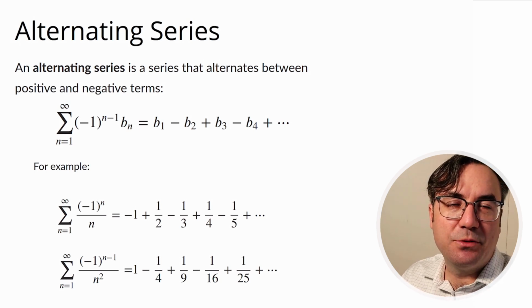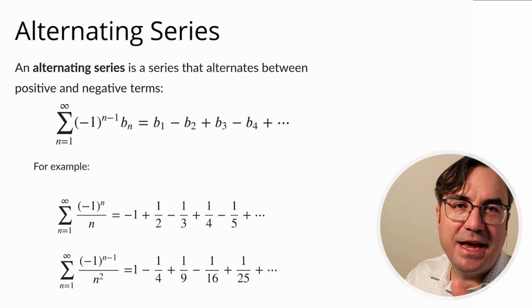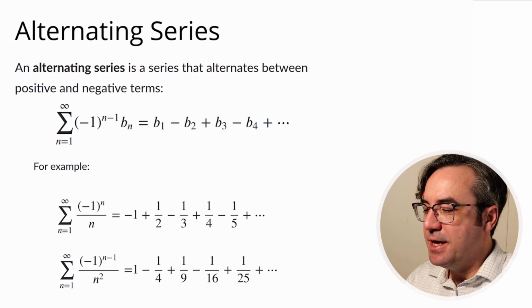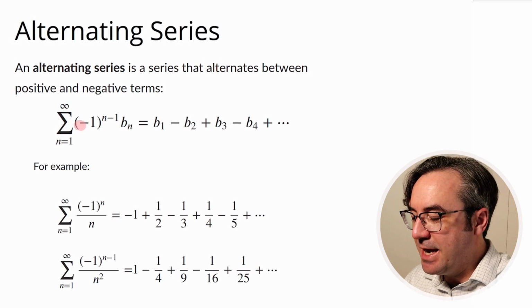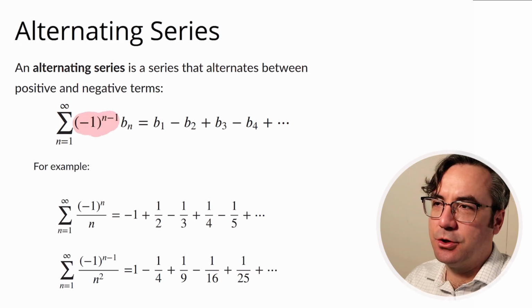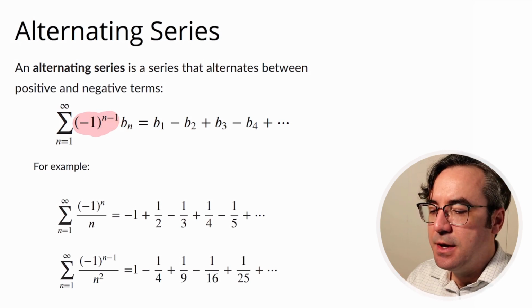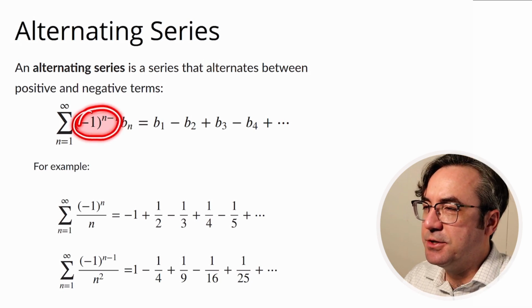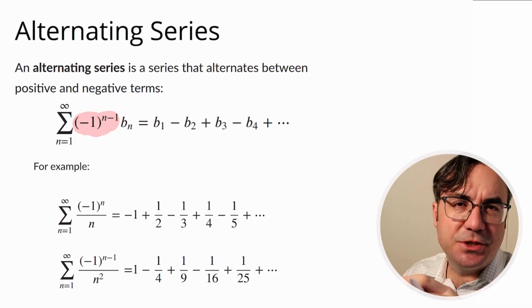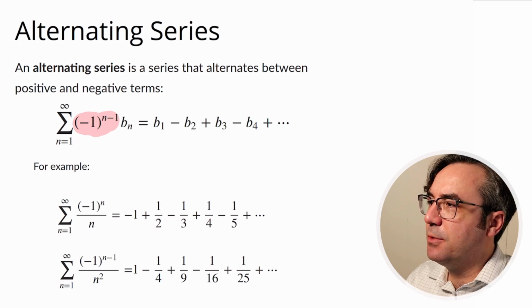Usually the way you accomplish this alternating positive, negative pattern is with this -1 raised to a power term. It doesn't necessarily have to be n-1, could be other stuff, but normally an alternating series will have something that looks like this. There's other ways to accomplish this, but this is the most common.